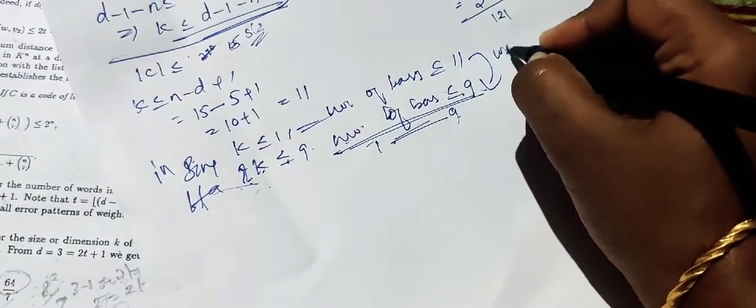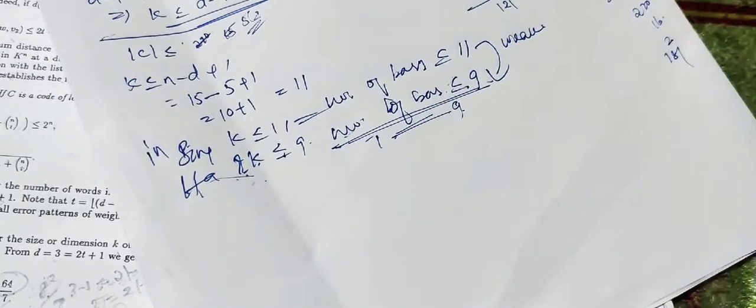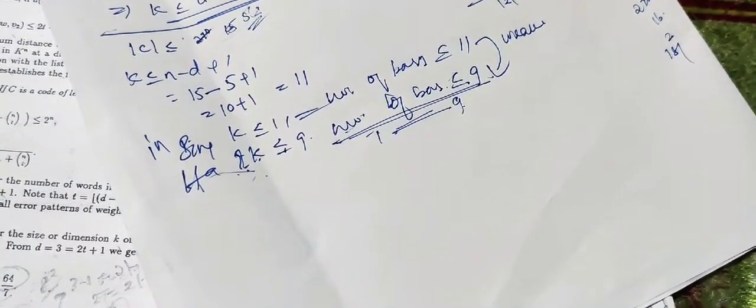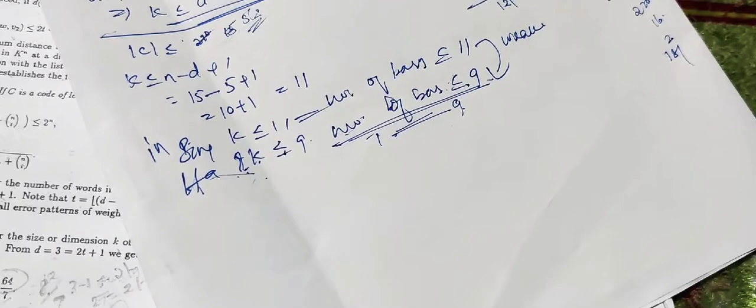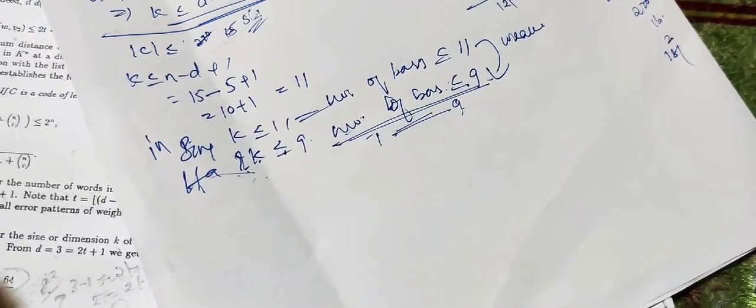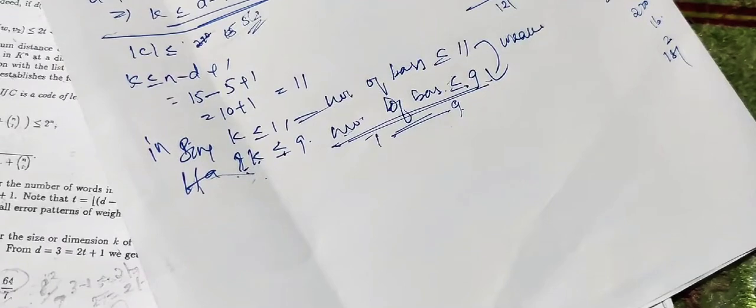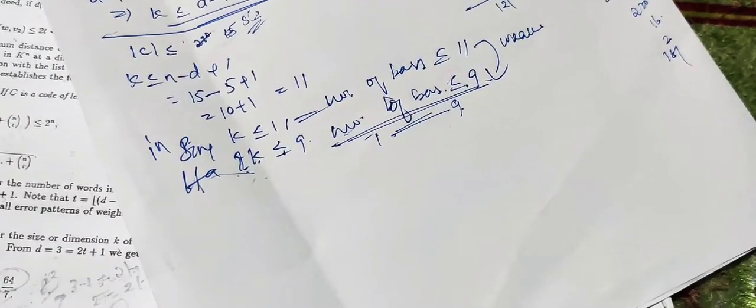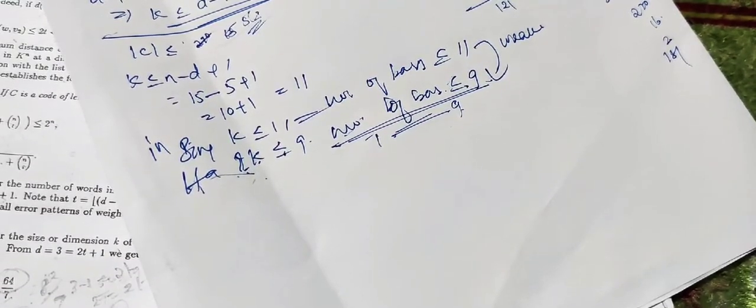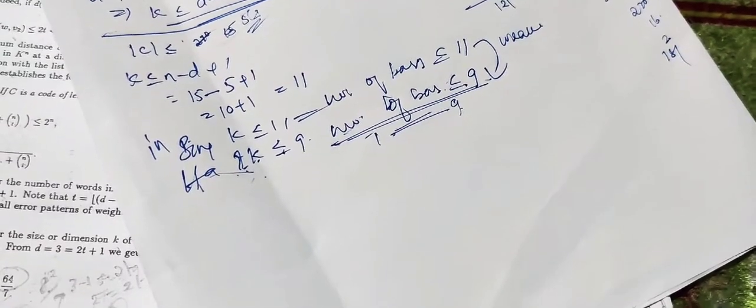Which means the maximum possibility is 1 up to 9 elements in there. So the Singleton bound is weaker than the Hamming bound. That is, k less than or equal to 9 means the number of basis elements is 9, which can generate the whole linear code. In the Singleton bound, k is less than or equal to 11, so that basis has 11 elements which generate the linear code.